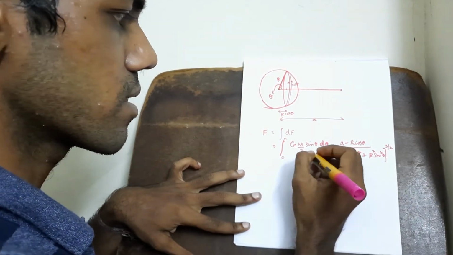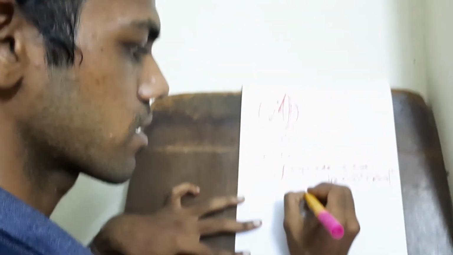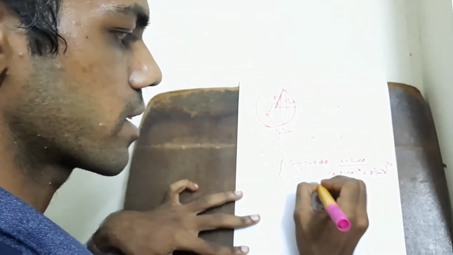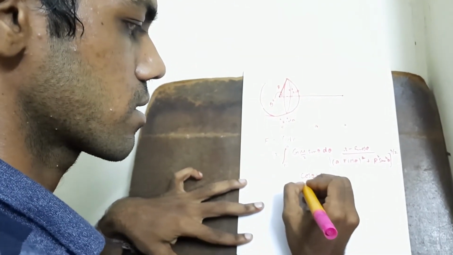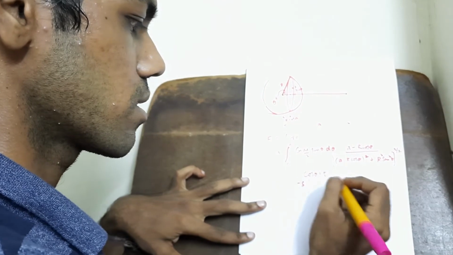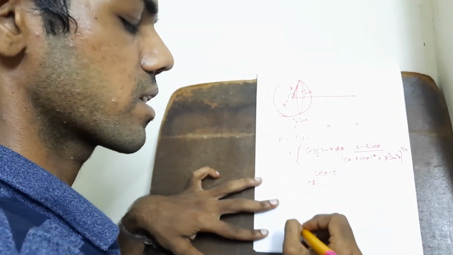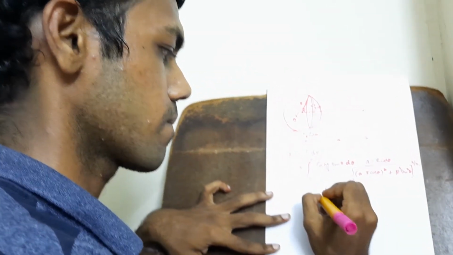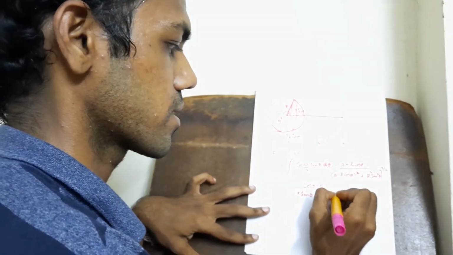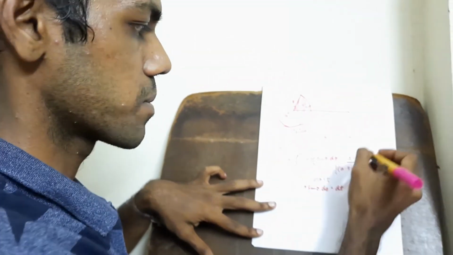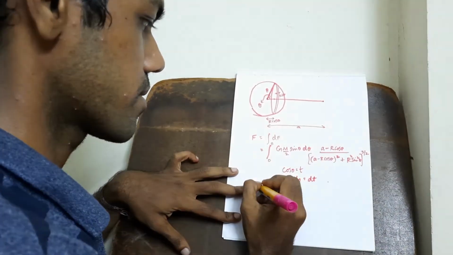During this integration, we are substituting cos theta is equal to t. On differentiating both sides, minus sin theta d theta is equal to dt.